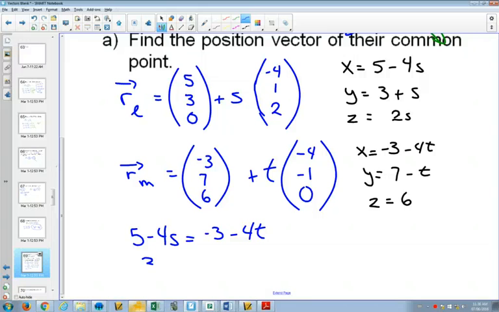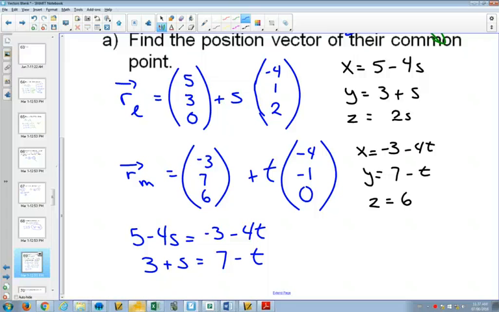If we write out our y coordinates, we'd have 3 plus s needs to equal 7 minus t. Using just that one equation, we couldn't solve that either. But both of those equations together give us two equations with two unknowns. And so we could solve that with systems of equations, or set up matrices and use our matrix techniques, or use substitution or elimination. We have tons of techniques to solve this already.